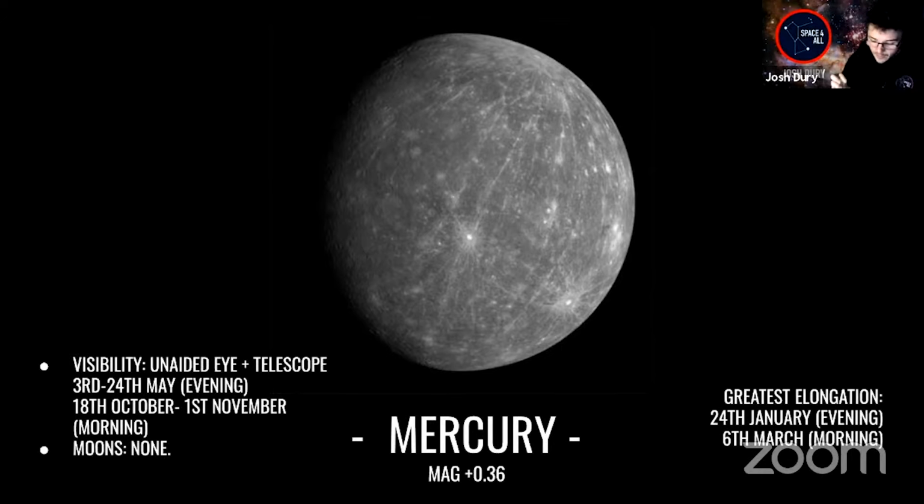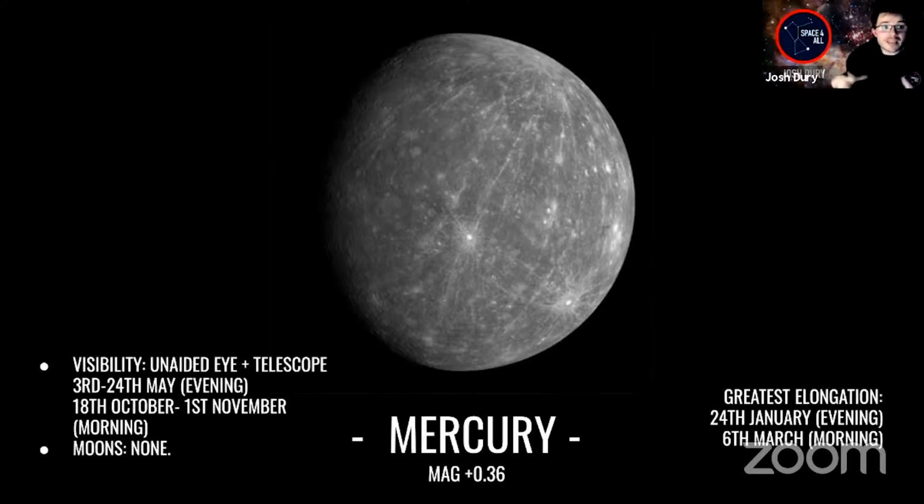And I can tell you that as astronomers, we can observe to around a magnitude of 6.5. So as you can imagine, in terms of magnitude 0.36, Mercury will appear as a relatively bright object just before sunrise, or just after sunset.